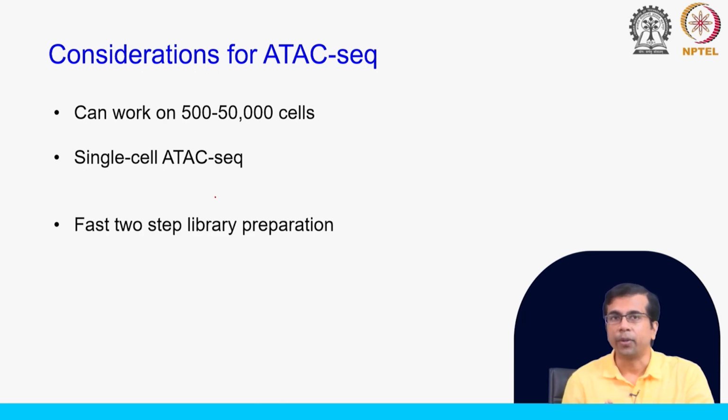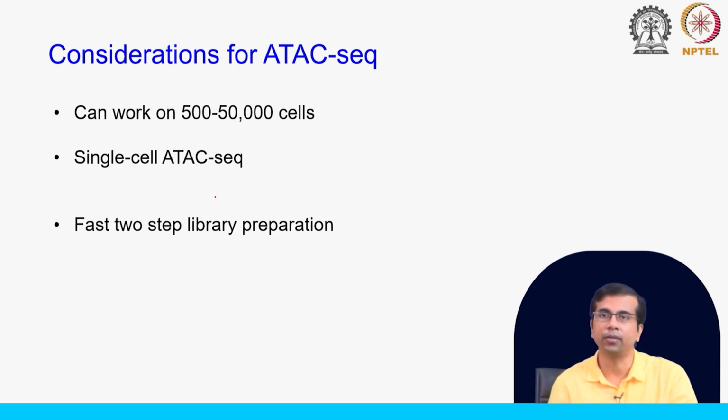And the library preparation step is very fast here. This is a 2-step library preparation compared to the earlier ones, which are quite laborious. You also have to titrate which enzyme concentration you should use, etc. Here this is not really required, because this integration of adapters will happen only in the free, open regions that are not bound by any protein. And again, this is not very highly dependent on the concentration of the transposase.